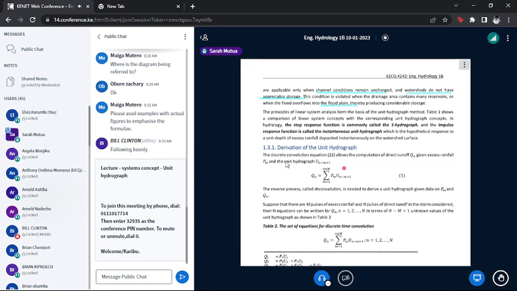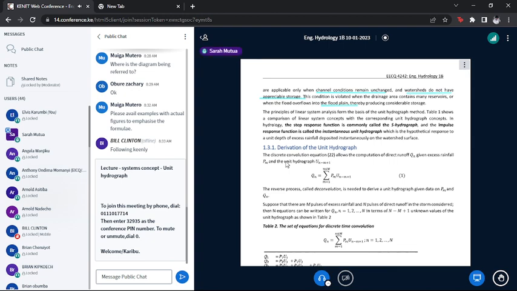You can look later at that image, and then you'll see the correlation of the two. And all along, I've been explaining the unit hydrograph derivation using examples of actual applications.